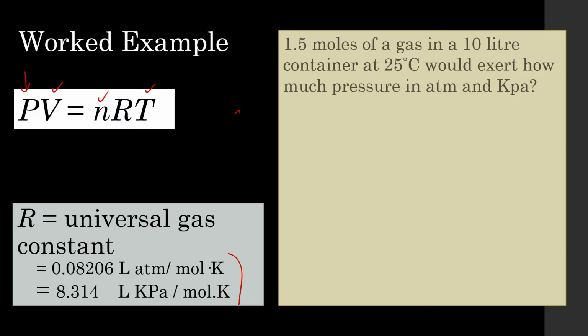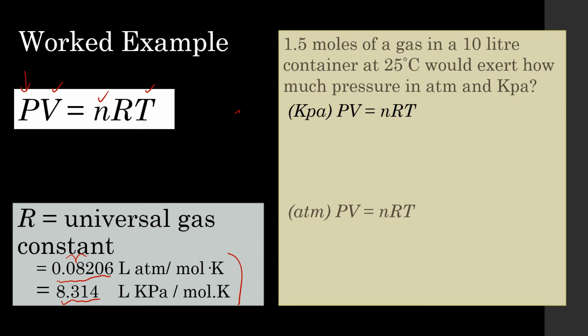What I've done here is show you another version of the universal gas constant, which is the conversion factor for atmospheres. Remember 101.3 kilopascals per atmosphere, so you can see that it's about 100 times less than the one given to you in kilopascals.